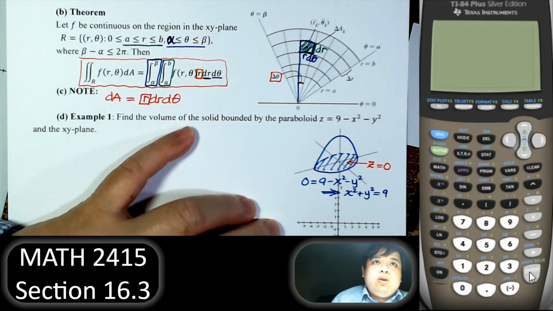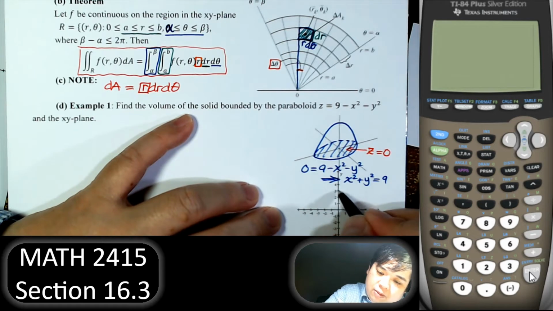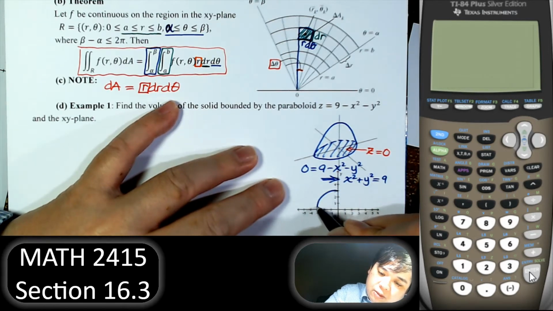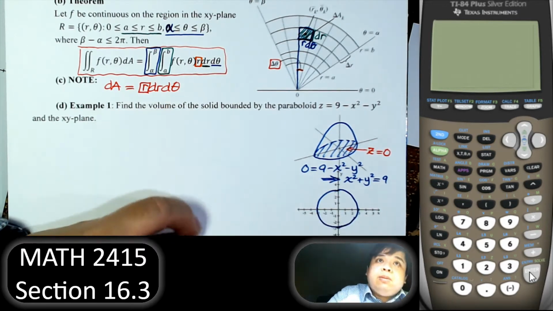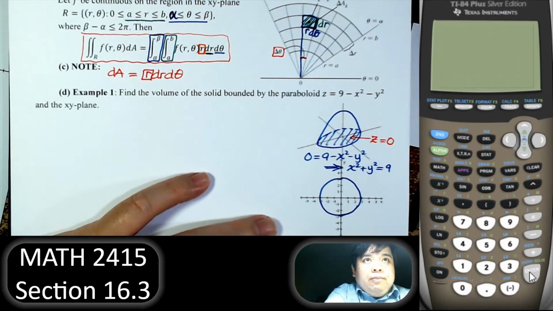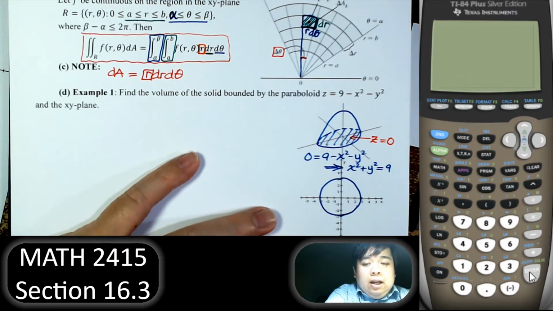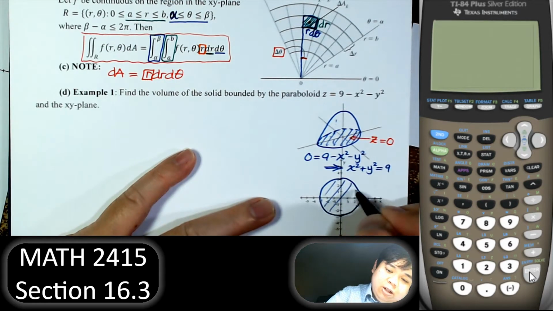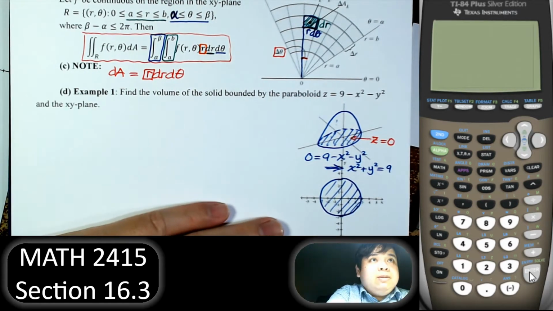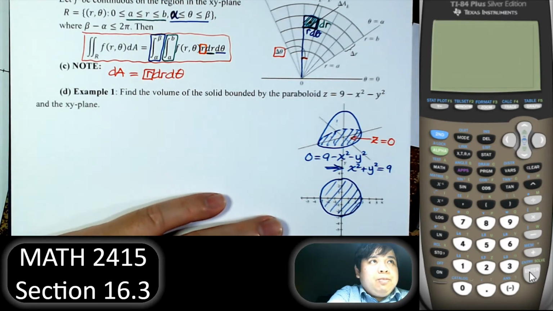That is a circle of radius 3, and the solid is bounded inside this region.